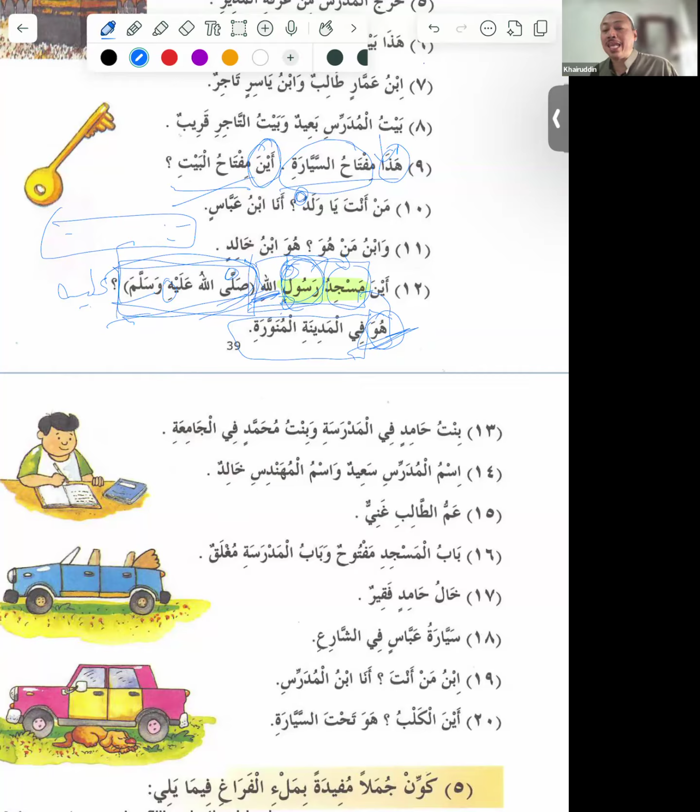So it is in Madinah Al-Munawwarah. Mubtada khabar. Here, this is something interesting, and I think this is the first time in the book, other than the titles, where the author actually uses something that we call sifat mausuf.